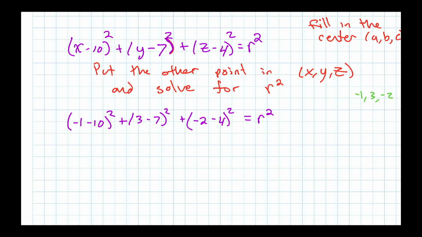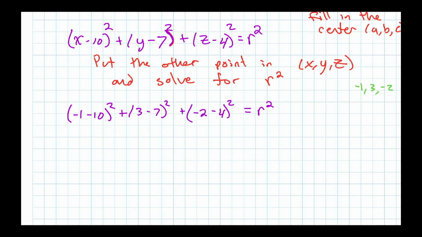If we calculate the left-hand side, we'll find out what r squared is. So we've got -11 squared, which is 121. Here we have 3 minus 7 is -4. -4 squared is positive 16. -2 minus 4 is -6. -6 squared is positive 36. That equals r squared. And then we just add these up together.